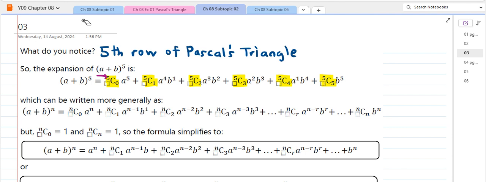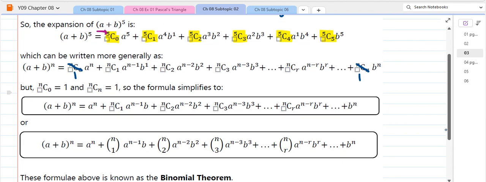This is the general formula for binomial expansion, where nC0 is a 1, and nCn is also a 1. This is the formula that you will see in the formula booklet or on the first page of your exam paper. This is the notation for combination, so n over 1 in a column bracket means nC1, nC2, nC3, and so on. This formula is known as the binomial theorem.